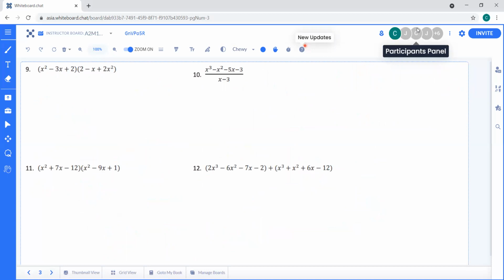This trinomial, you have to multiply out. For this one, I'm just going to do our tabular model. So we'll let x squared minus 3x plus 2 and then x squared plus x.